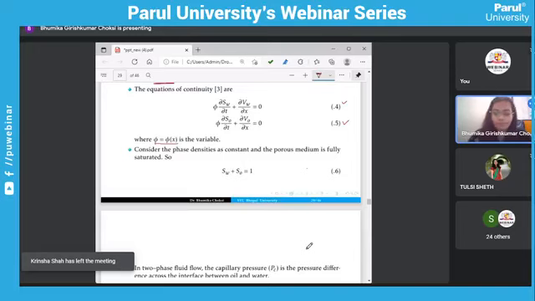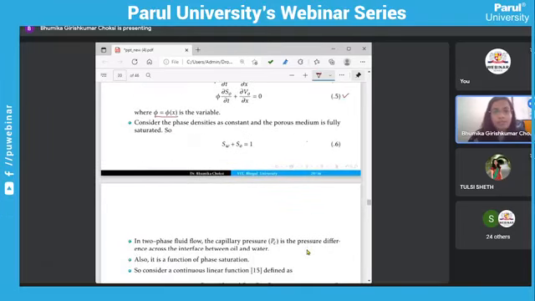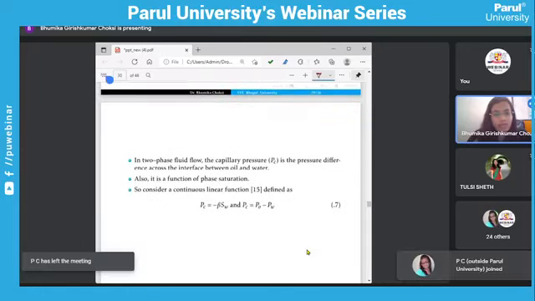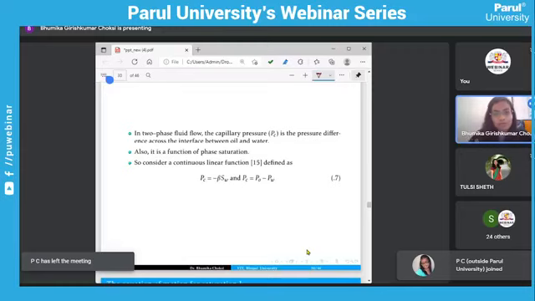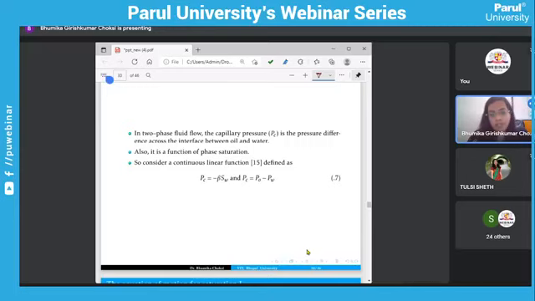So, a two-phase problem, again fully saturated, so both saturations add up to 1. And then capillary pressure. Capillary pressure is directly proportional to the saturation, so it is minus beta times SW.